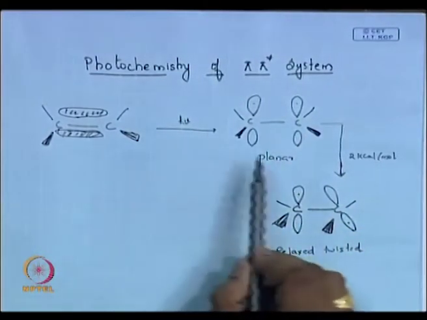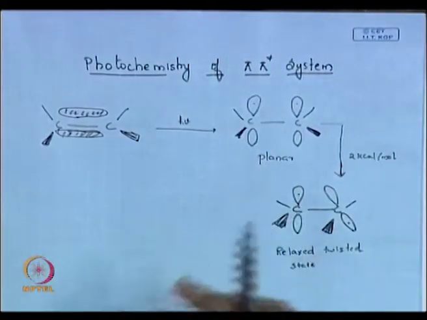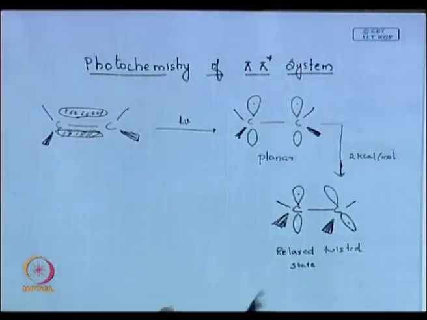Once it gets excited, it will be planar, but immediately it undergoes a twist, a 90 degree type of rotation, to give you a relaxed twisted state, and that is the 2 kilocalories per mole energy requirement. So, you have to remember this first before we get into any excited state chemistry.